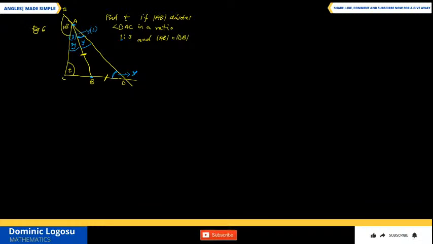So if this place is y, this will be 3y. Are we okay? Now that we've established that, we are going to find a major part of the triangle, and that basically is to find y.